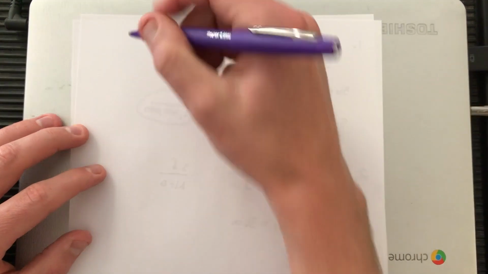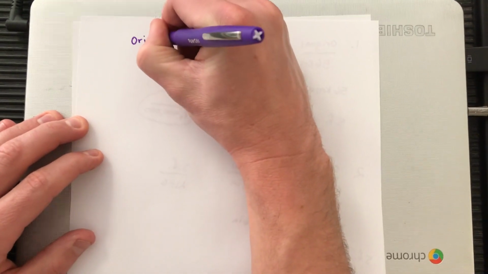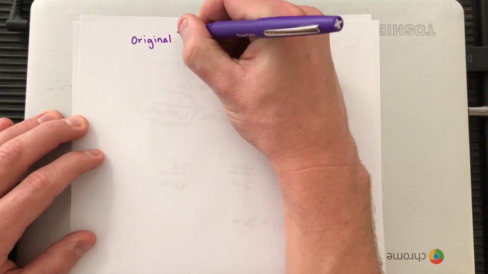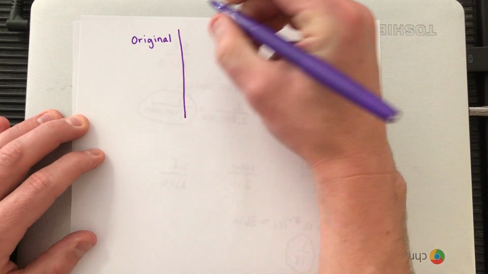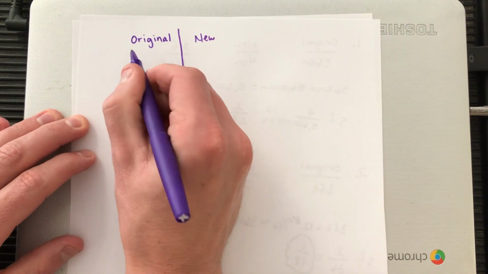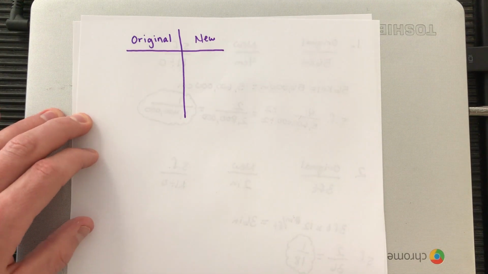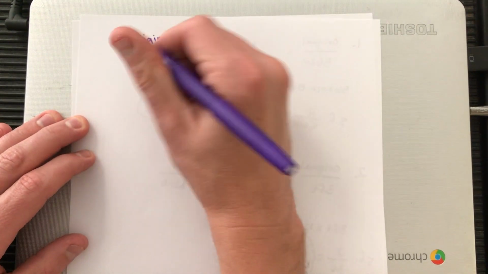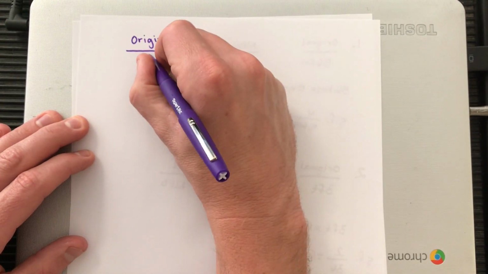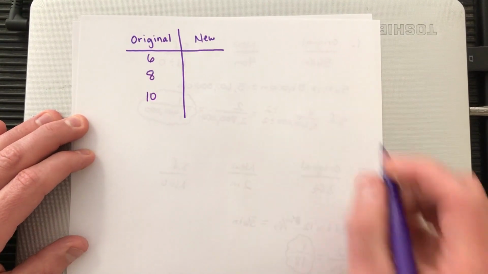We have our original measurements and our new measurements, and it said that there were side lengths of 6, 8, and 10.